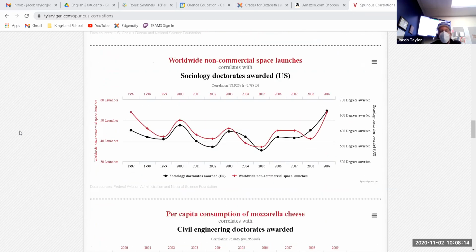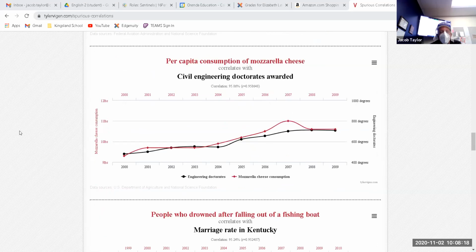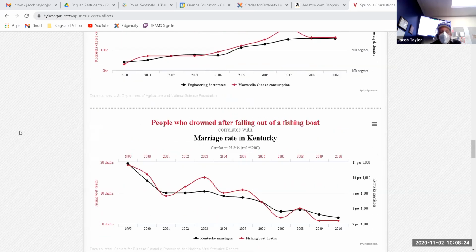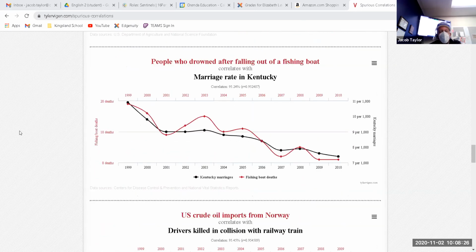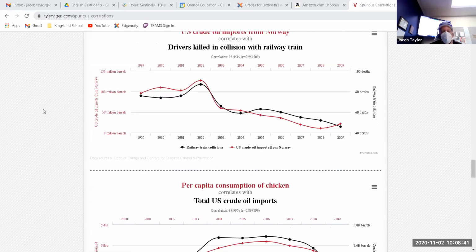Non-commercial space launches is correlated with sociology doctorates. Oh, as more people eat more mozzarella cheese, we get more engineering doctorates. This is pretty scary. People who drowned after falling out of a fishing boat is correlated with the marriage rate in Kentucky. The oil we get from Norway correlates with drivers killed in collisions with railway trains.